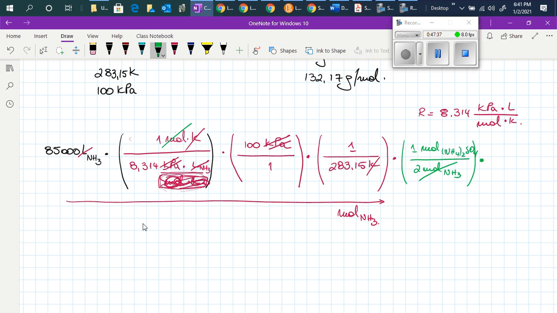And we'll continue with the molar mass: 1 mole of (NH4)2SO4 is 132.15 grams. So moles of ammonium sulfate are cancelled out, and what you have here is grams of ammonium sulfate.